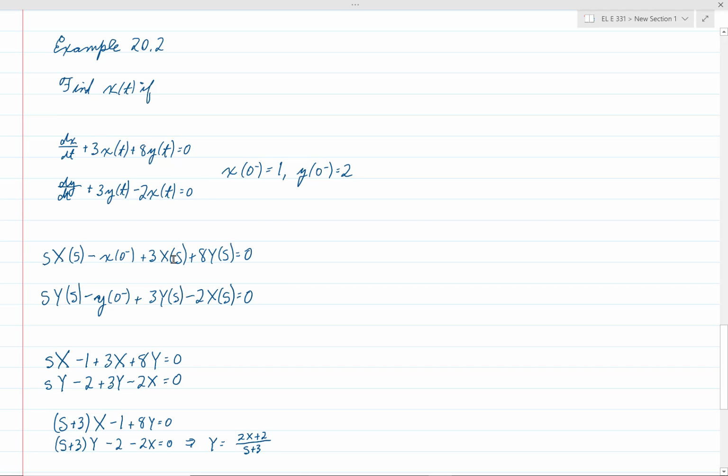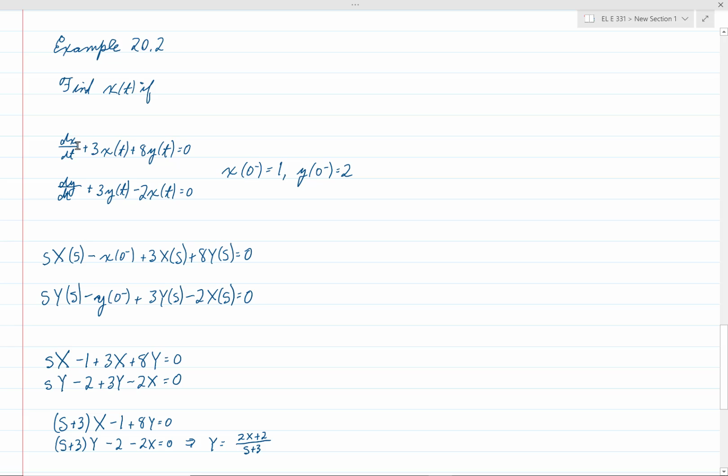So sometimes in the analysis of some problems, you will come up with what's called a coupled pair of differential equations. And what that means is that, for instance, for these two equations, x and y are sort of tangled up together.